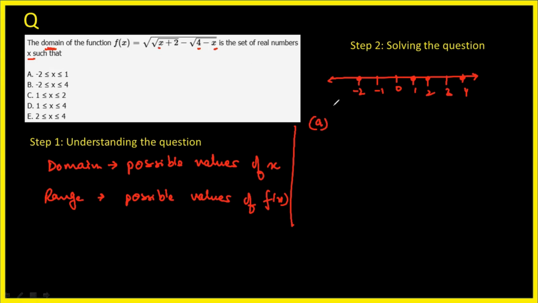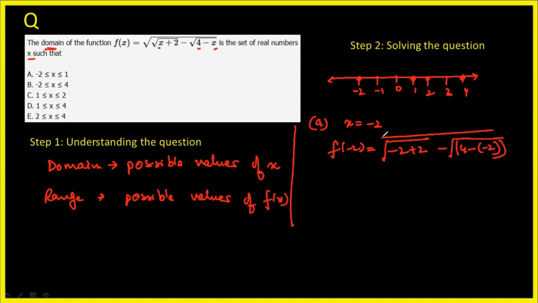Let's substitute x as -2 in the function. So -2 plus 2 under the root, minus the square root of 4 minus x, that is 4 minus of -2, and the whole thing under the root.